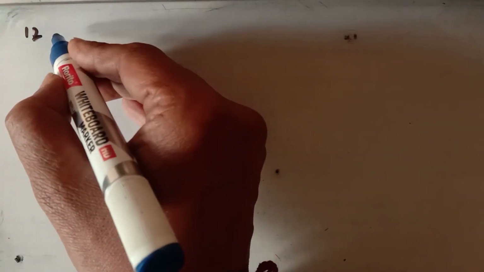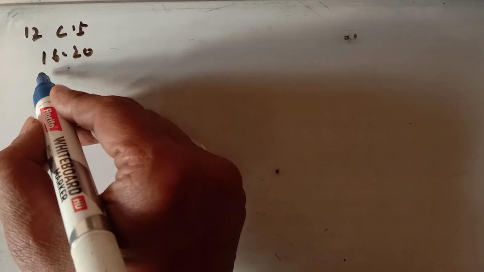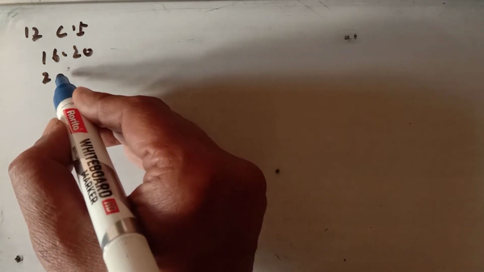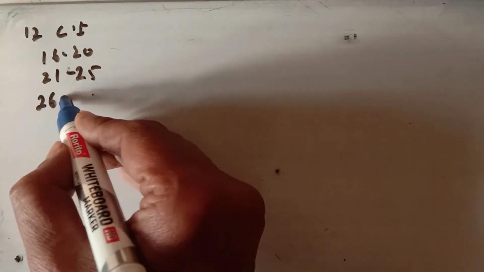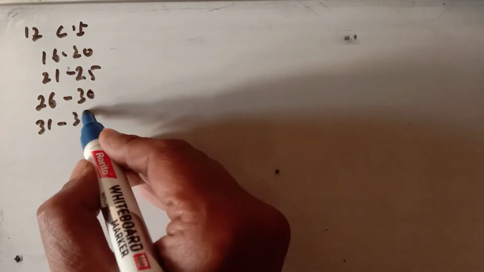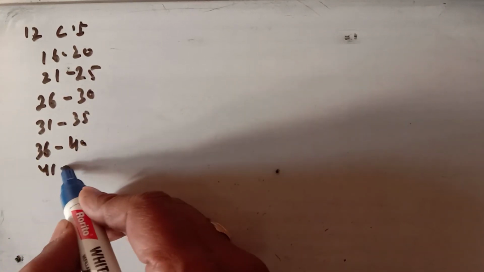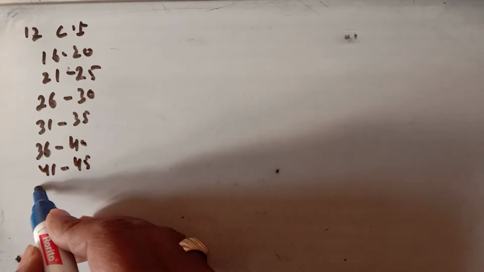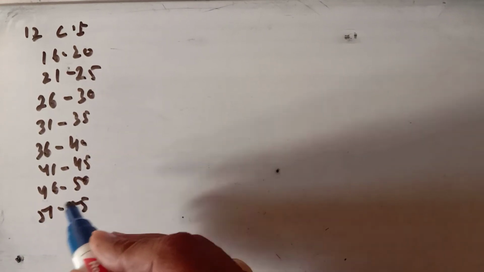Now the data here is given as class intervals 16 to 20, 21 to 25, 26 to 30, 31 to 35, 36 to 40, 41 to 45, 46 to 50, and 51 to 55.